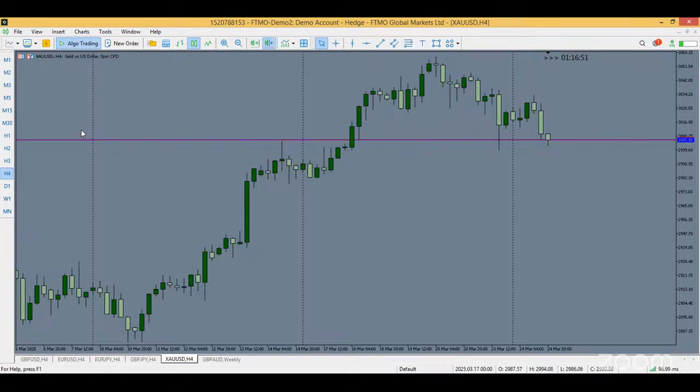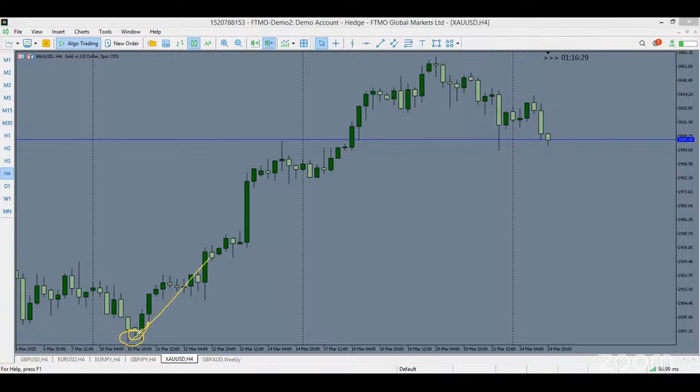Okay, so let's say you are here at this level. Now what you're going to do is use a bit of your intuition. You can take a measurement, just eyeball it and say, from these lows here, what has price done? It's pushed up quite a bit.